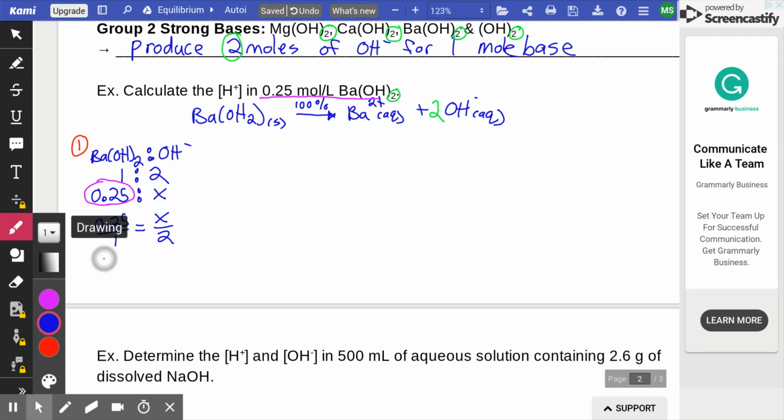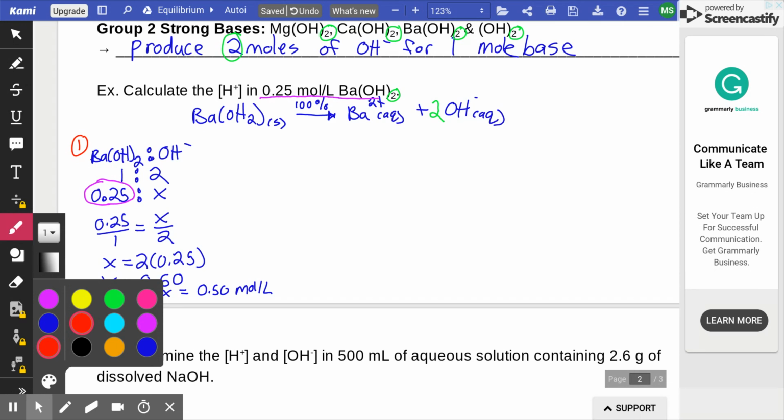That very easily means we can rearrange to X equals 2 times 0.25, so X equals 0.50. The hydroxide ion concentration equals X equals 0.50, and at this point you need to add your units, mole per liter.